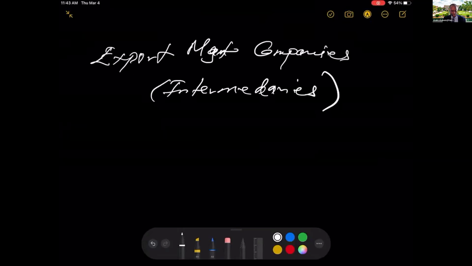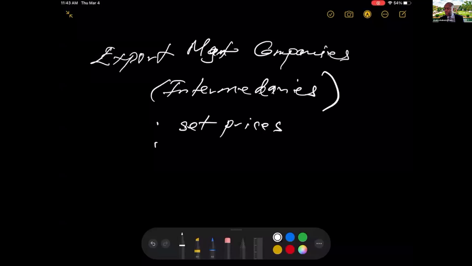And some of the things that they do is they may help in the other markets to help set prices, because you may not know whether to charge $1.25. Let's say if you do decide to go into that market, you don't know anything about the pricing. And so they will help you with that.